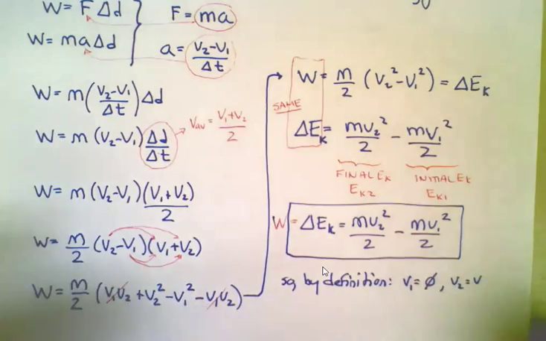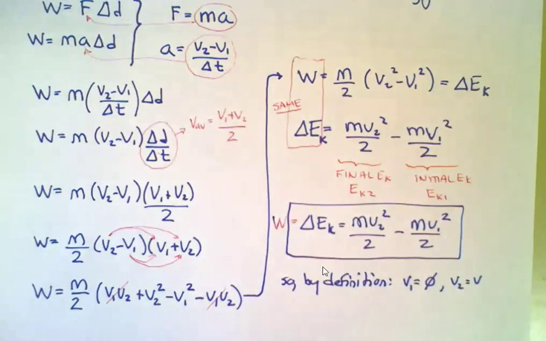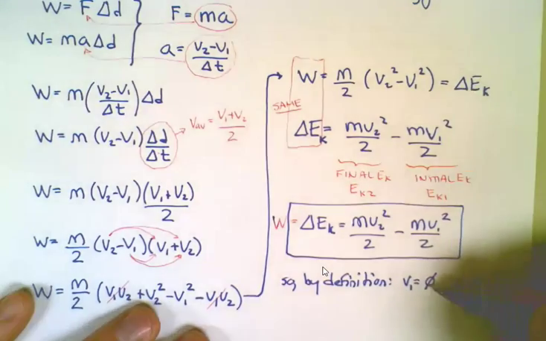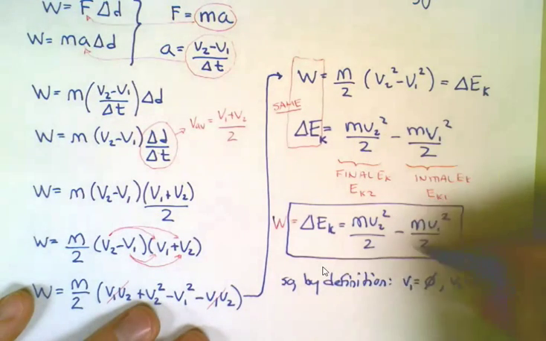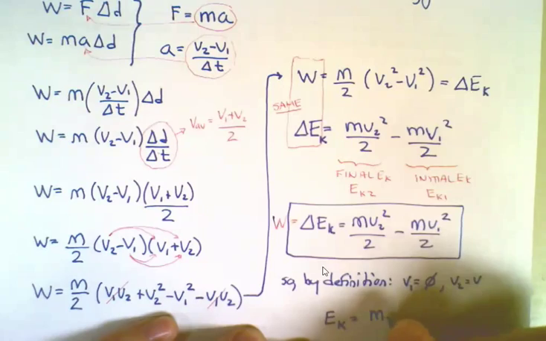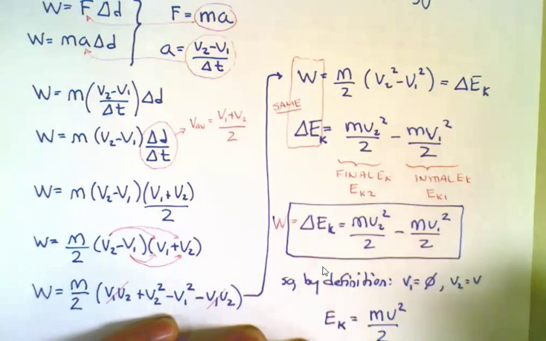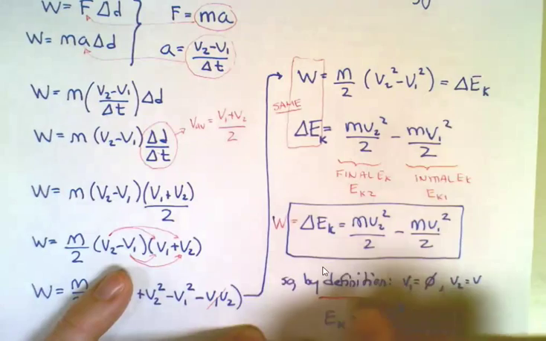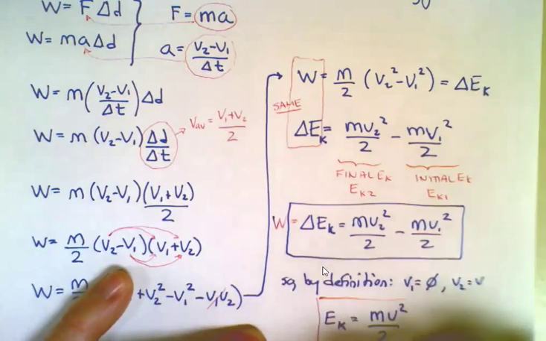It doesn't matter because we don't need a subscript. We're just going to say at some speed. Well, if we set v1 equal to 0, this term right here is gone. 0 squared is 0, times anything is 0, so we're subtracting 0. So what we end up with is this kinetic energy equation of m v squared over 2. And there is our kinetic energy equation.